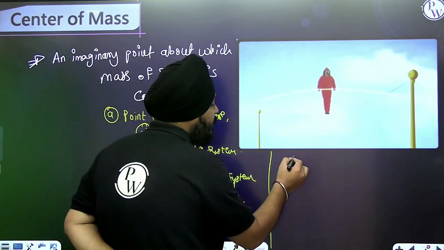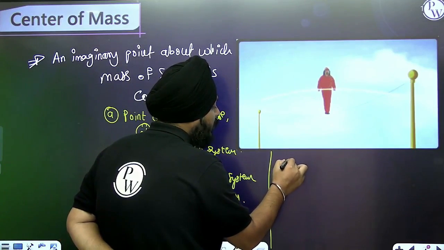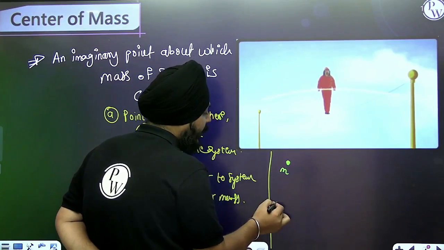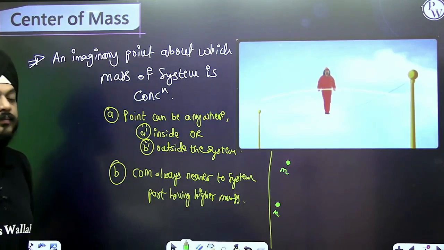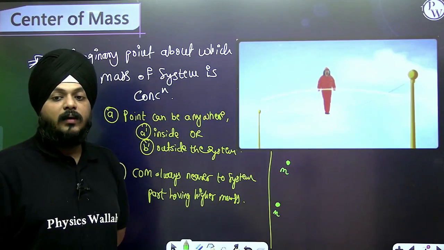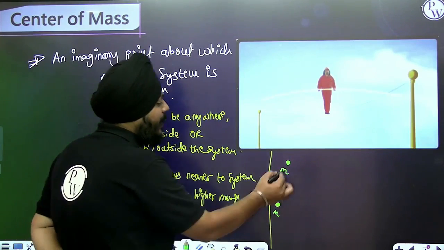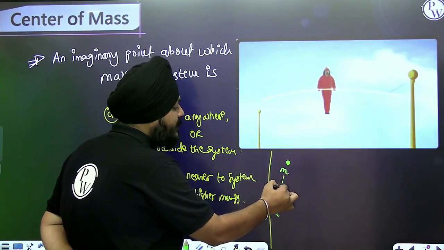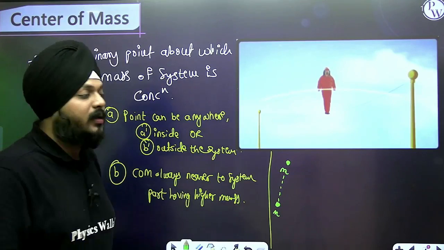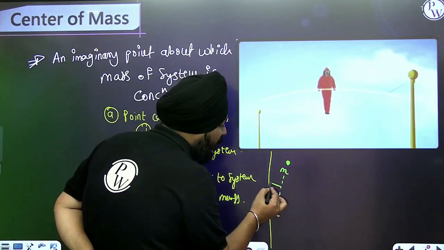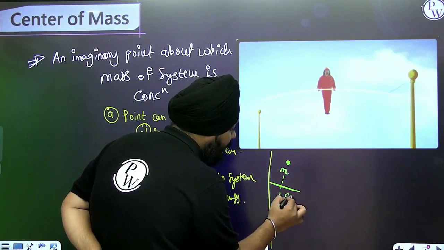The second point states: suppose this is mass m, and this is mass m. Both are identical masses. Obviously the mass of the entire system gets concentrated at a single point, so if I want to locate the center of mass, it is at the midpoint.